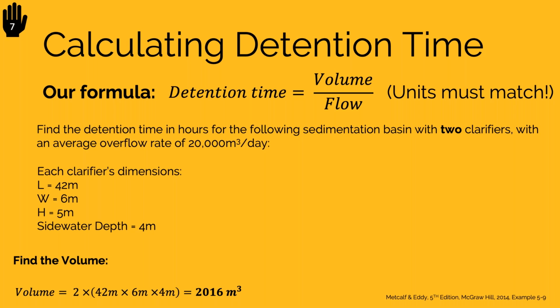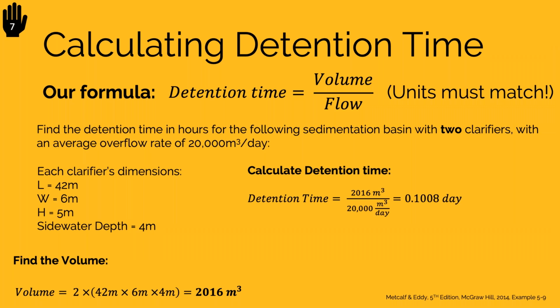Now we have to calculate the detention time. There's a couple of ways you could do that. Our detention time is going to be the volume, 2016, divided by the flow, which is 20,000 cubic meters per day. So one of the possible answers is 0.1008 days, but that's the wrong units for the question, because it asked for hours.